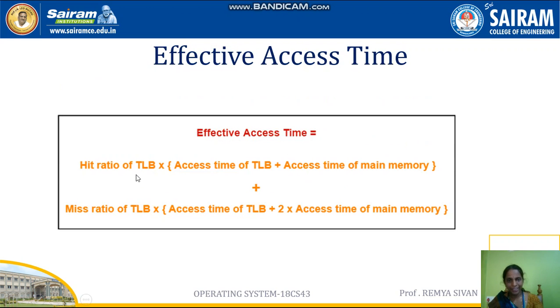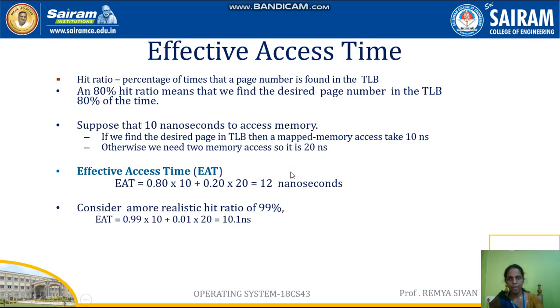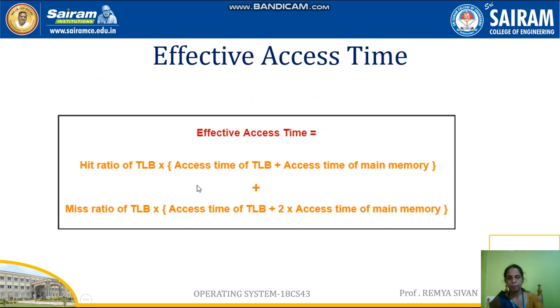So 0.8 into (0 plus 10) is 8 plus the miss ratio of TLB. The miss ratio of TLB is 100 minus 80%, so 20%. The miss ratio is 0.20. So 0.20 into (access time of TLB, taken as 0, plus 2 into the access time of main memory). 2 into 10 is 20.